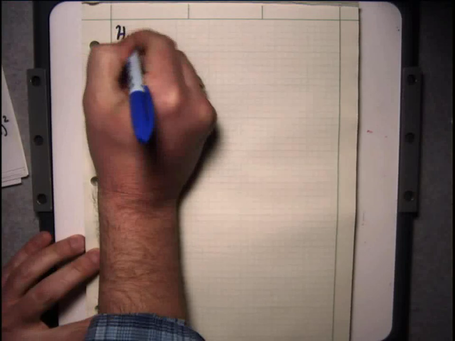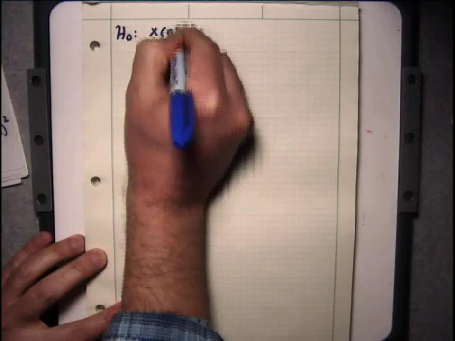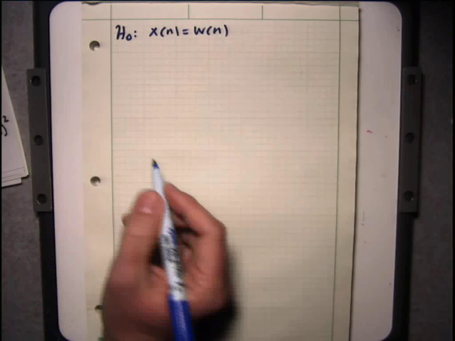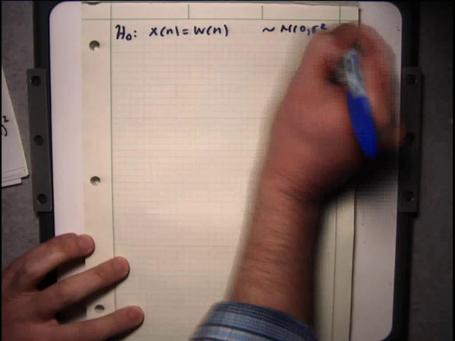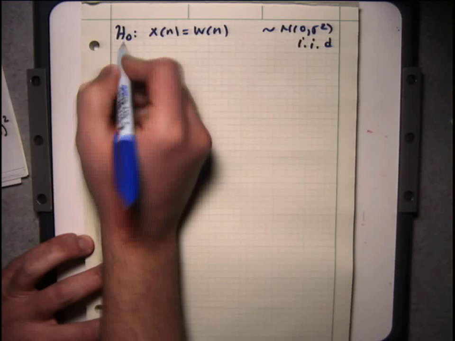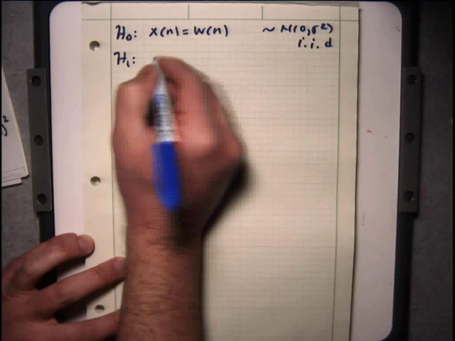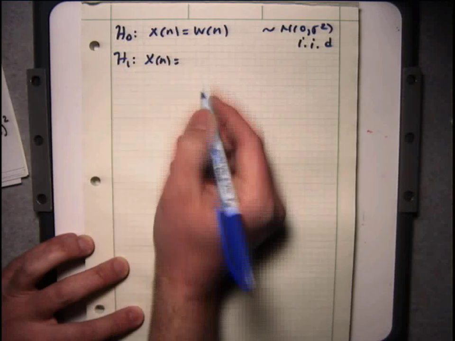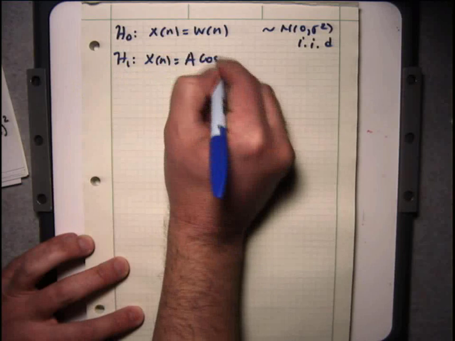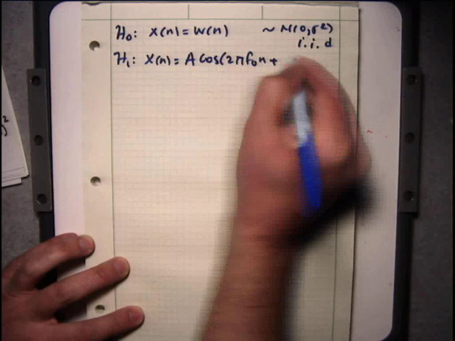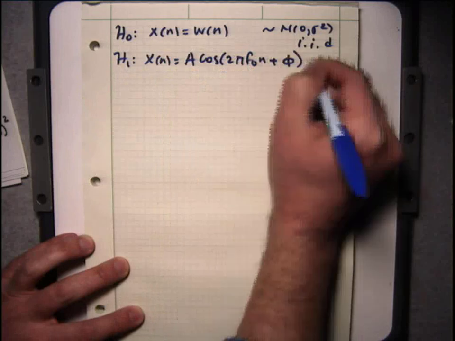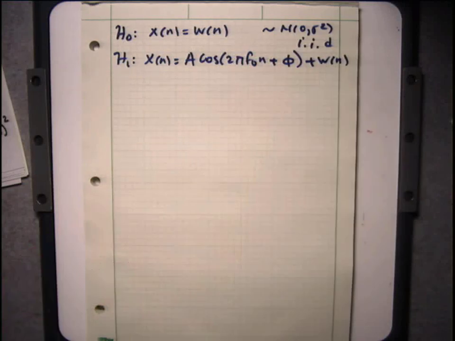And I'm going to show you what I mean by that specifically. So here's the case of a signal which under H0 is just, let's say, Gaussian noise. And under H1, it's a sinusoid: A times cosine of 2 pi f0 n plus some phi, plus W of n.